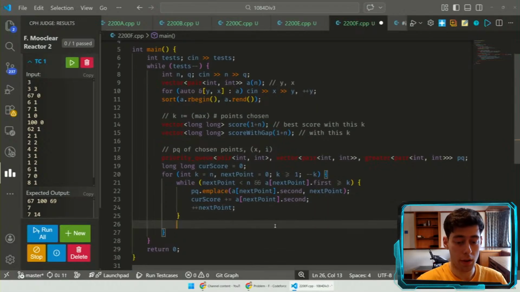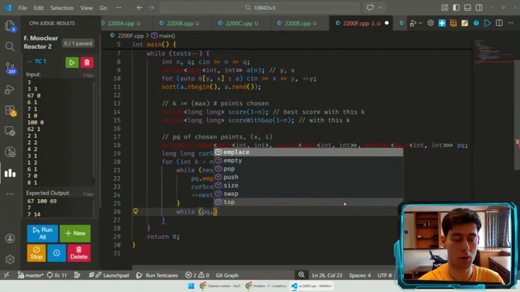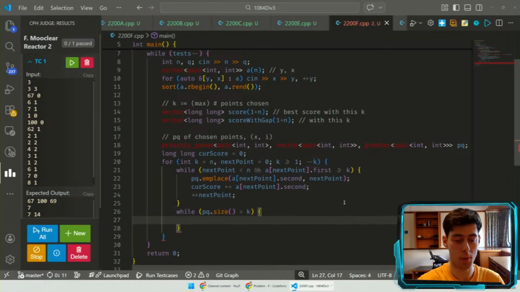Okay, so I've added all the new points. Now I've got to remove as many points as I need to cut it down to k. So while this PQ size is bigger than k, I need to drop some values.